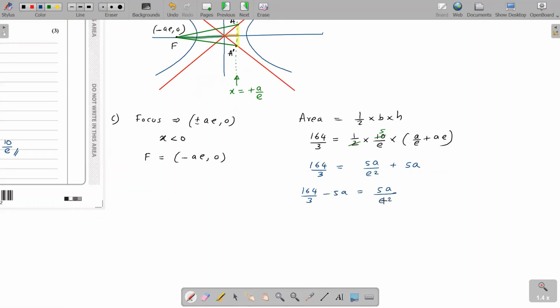Are you guys with me? Okay, then shall we simplify? Just take the common denominator with 3. I'll multiply the whole thing with 3. I get here 164 minus 5 times 3 is 15A.